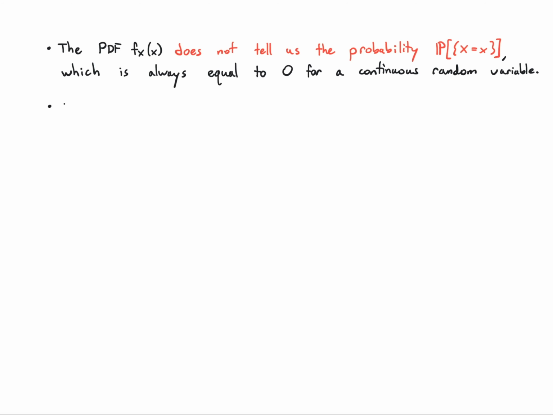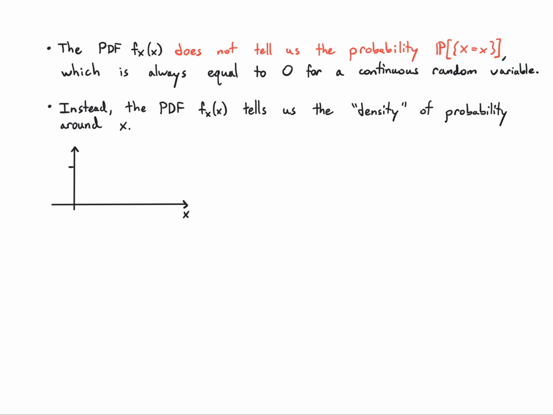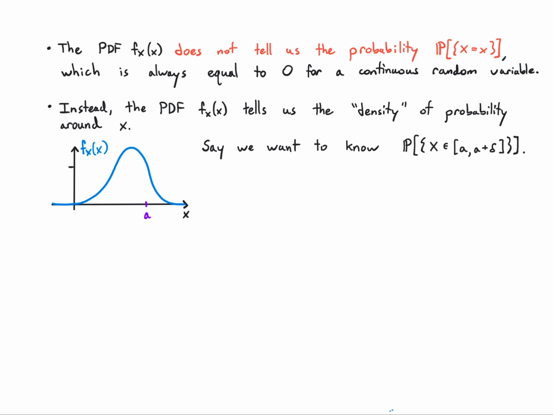So instead, how should I think of the PDF? I should think of the PDF as the density of probability around x, not the actual probability of x. Here's a plot, here's a PDF. Let's say what I want to know is the probability that x lands in this interval a up to a plus delta. I can approximate this by the area of this box.